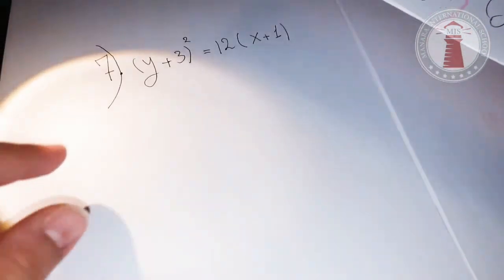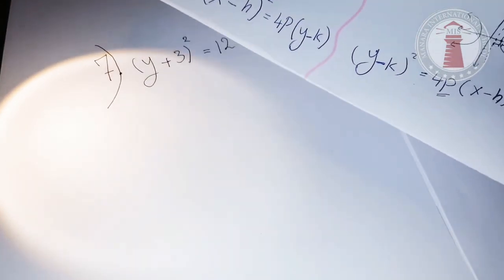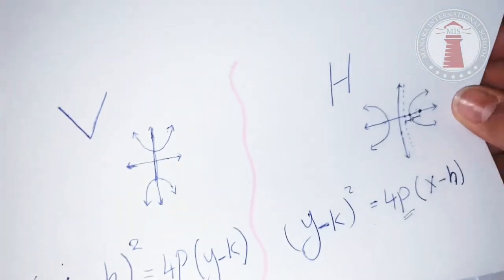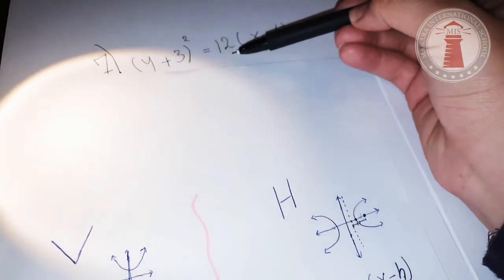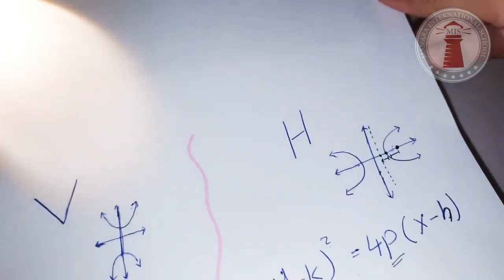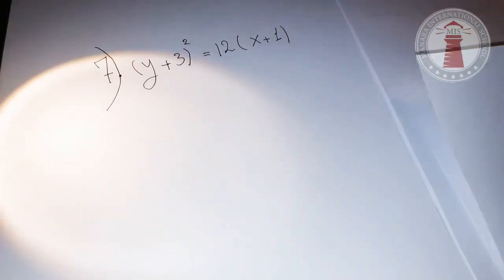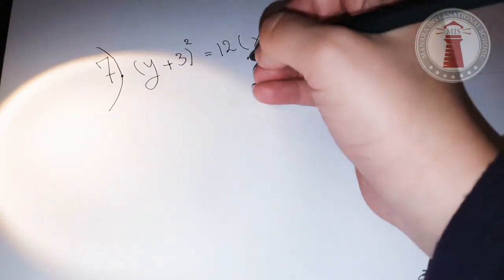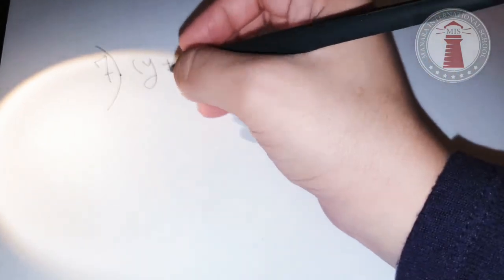Now, which one does this look like? It is the second one, which means it's a horizontal parabola. And here we have the 12 as positive, so we have a horizontal parabola that is facing the right side of the plane. So here, first let's just find h and k.